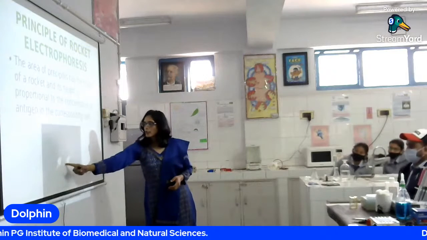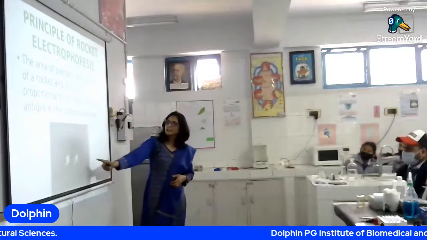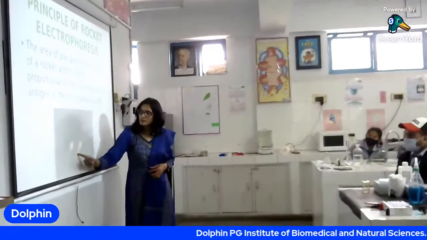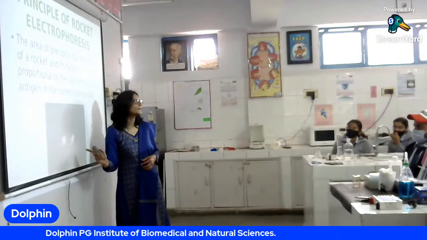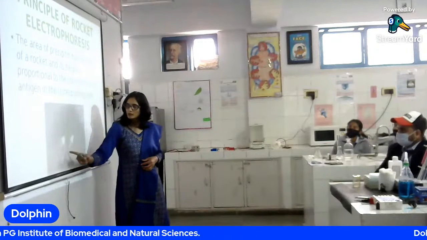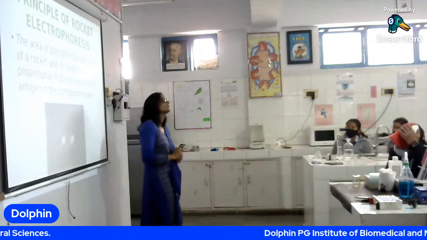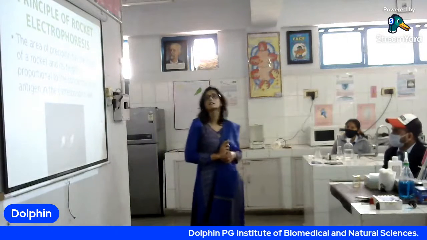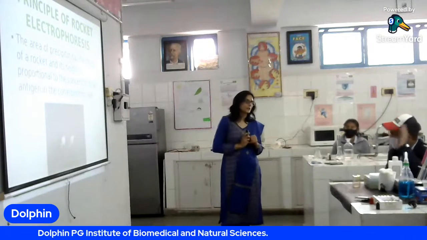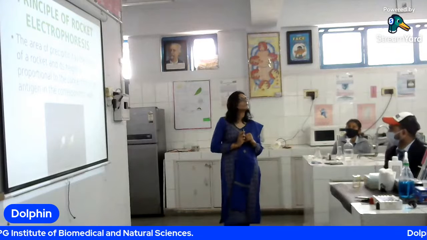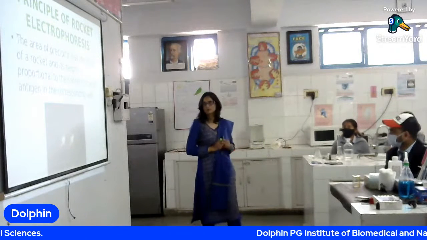So ये rocket जो अब launch हो चुका है, पीछे इसकी tail बन गई है. Because of the shape, this kind of shape you are going to see in your gels. So this length of the rocket you will determine. The length of this rocket is proportional to the concentration of the antigen.